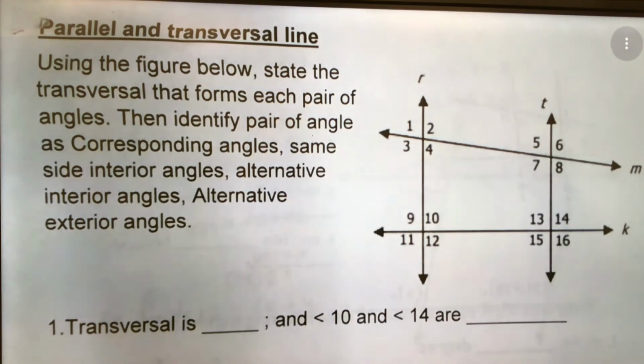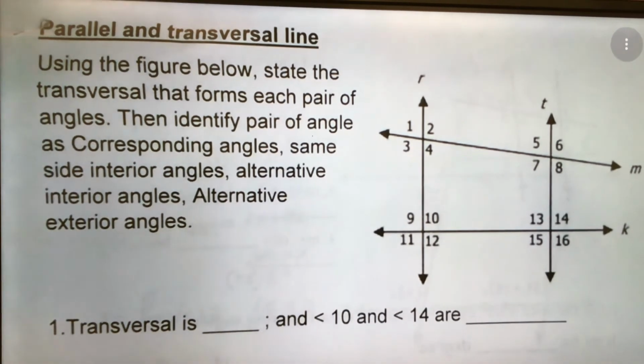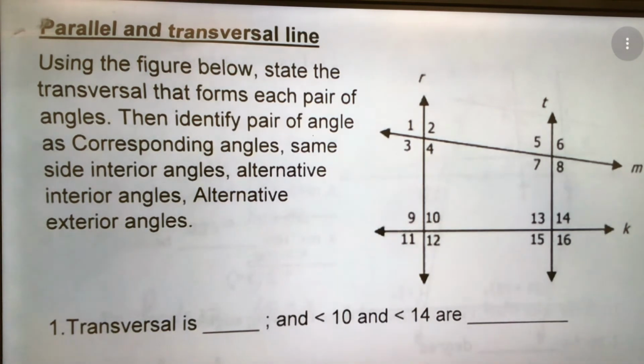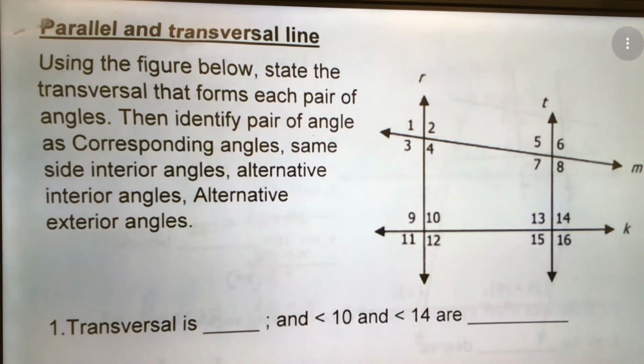Here the angles 10 and 14, so we need to identify which one is the transversal and what type of angles 10 and 14 are. When you identify the transversal, you know that both angles are on the transversal, and the line that is common for both angles will be the transversal.